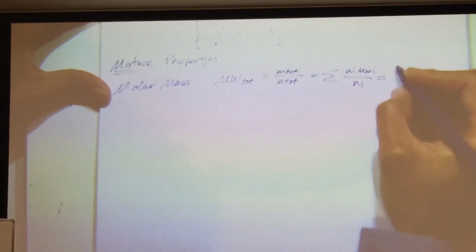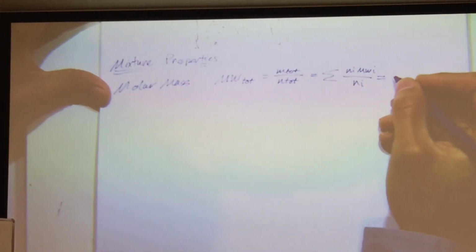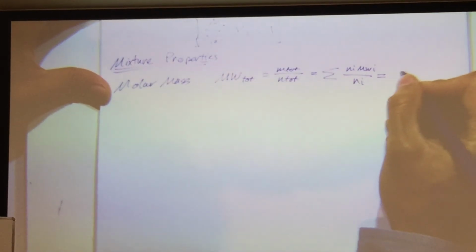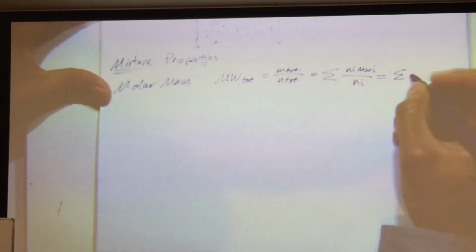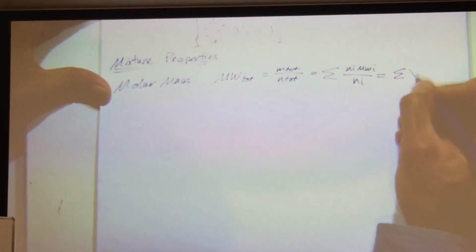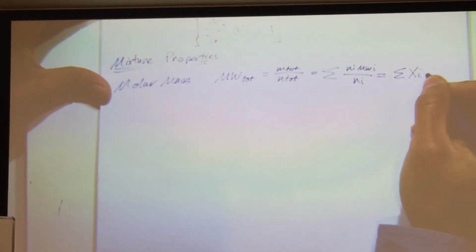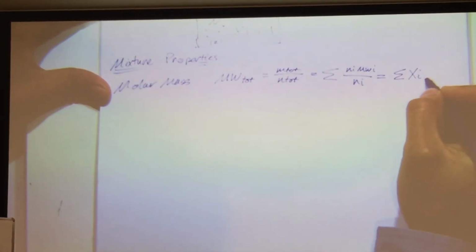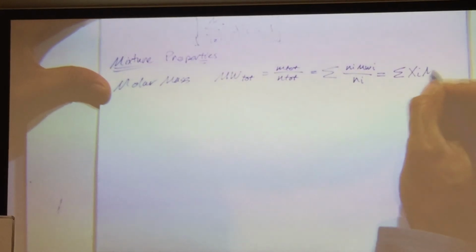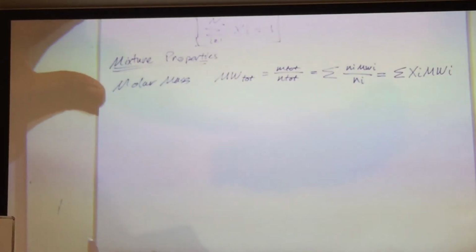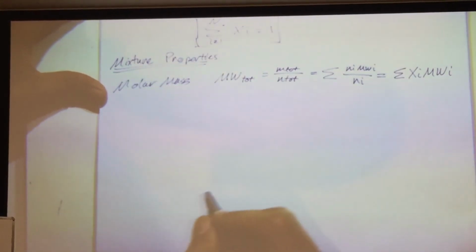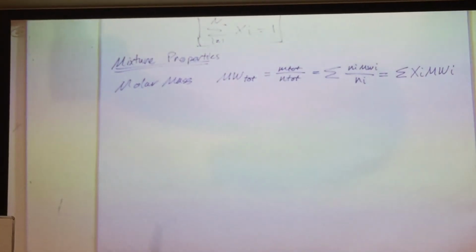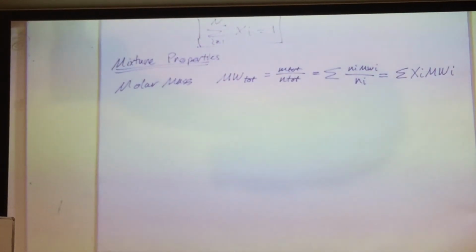From there, cancel out, and what you're going to get is the summation of your mole fraction multiplied by your molecular weight. That's for the total.